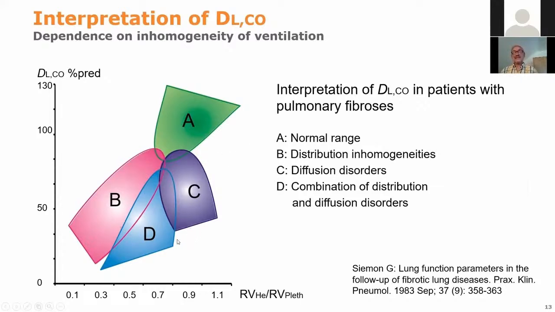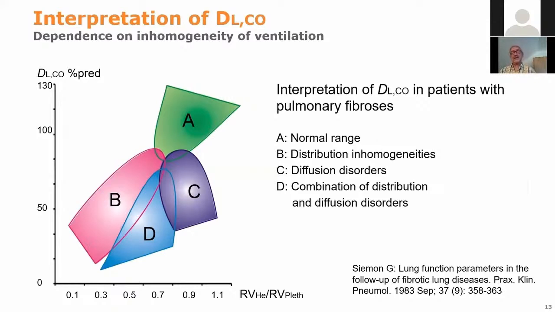But as soon as inhomogeneity of the lung is increasing, more and more the inhomogeneity determines the diffusion capacity. That means the test results of the diffusion capacity more and more express the inhomogeneity of the lung, and no longer the diffusion of the CO between alveolar space and capillary blood.